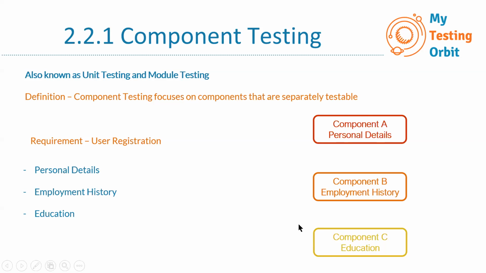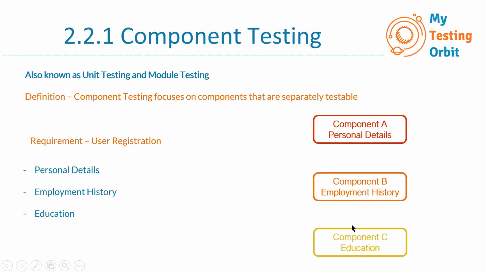All these components are requirements of the user registration page, or you can say system. What we can do is split it into these three components and build them separately, or maybe one developer can develop all three, but these are individual components.